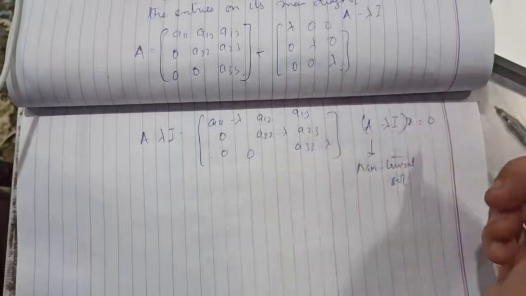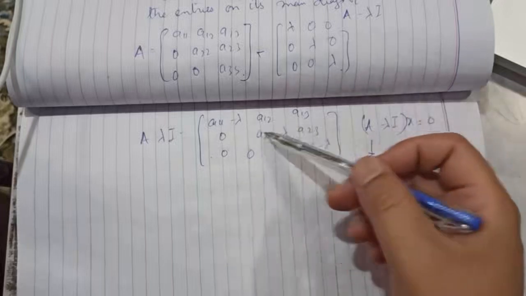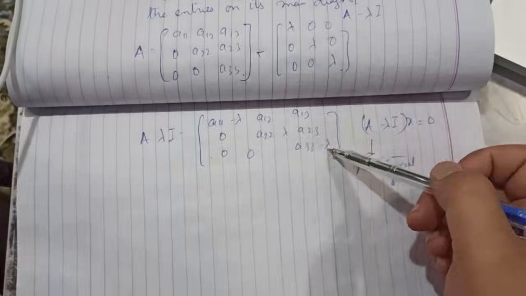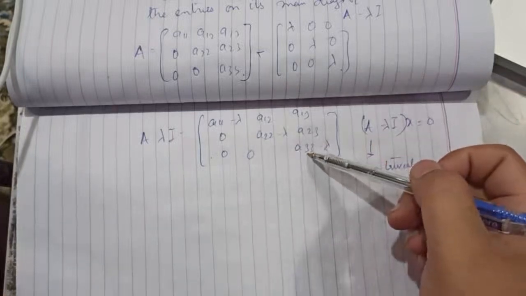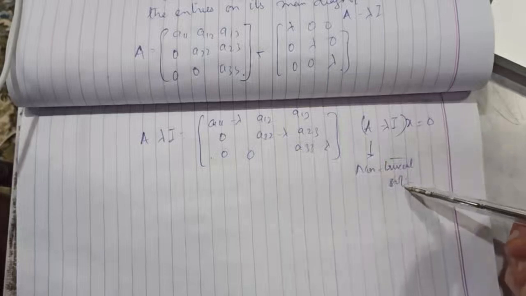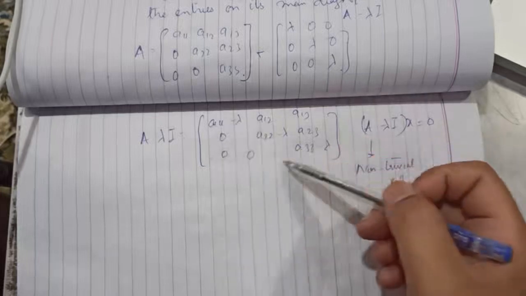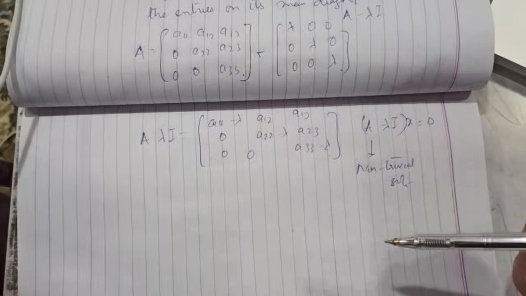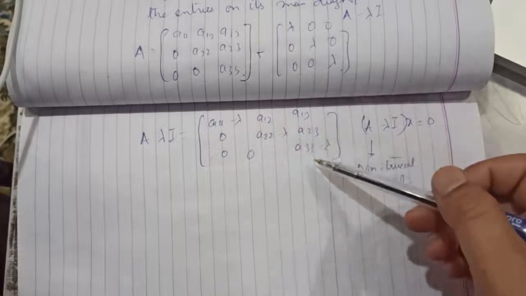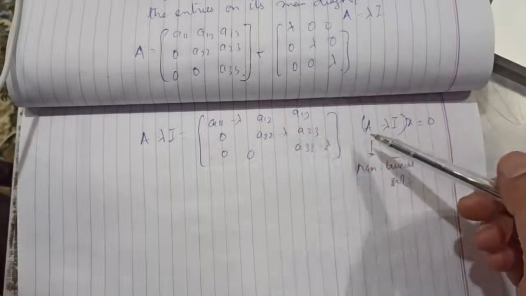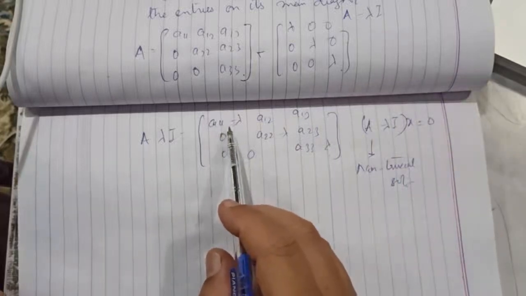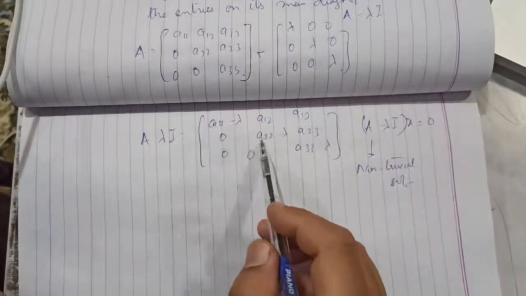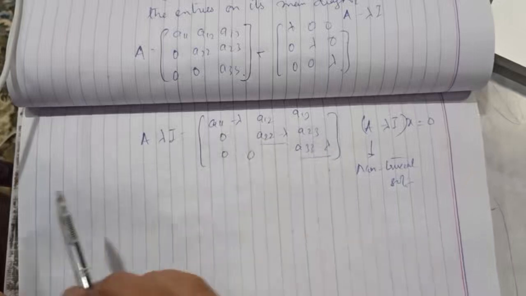So if and only if this equation has a free variable, then there is a non-trivial solution, of course. Otherwise, the vector x is 0 0 0. So this non-trivial solution is only possible if the elements on the diagonal are non-zero.